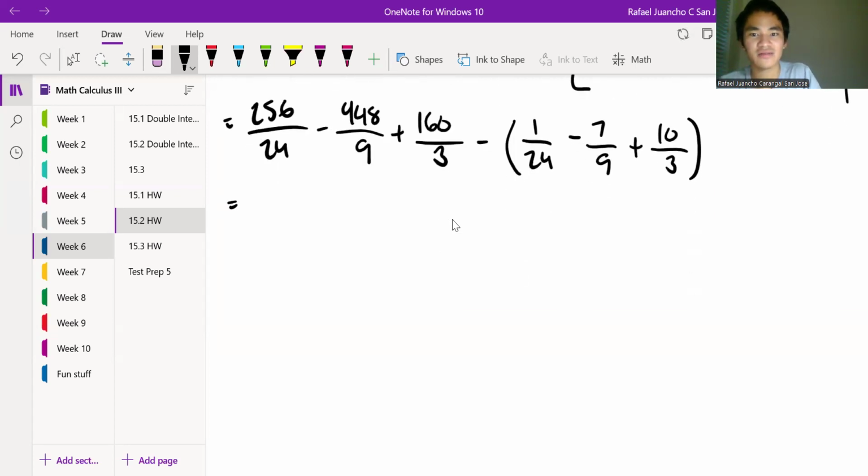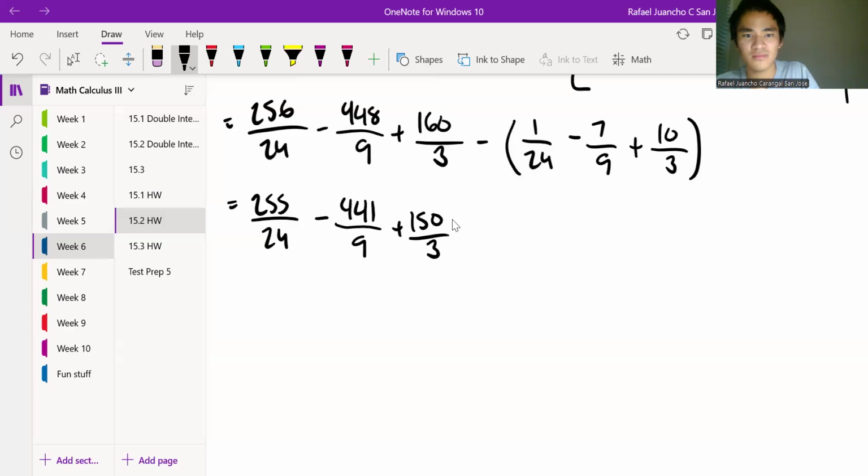So here I get minus 1 over 24, that's 255 over 24. And then this one I get plus 7. 7 minus 448 is minus 441 over 9. This one I get minus 10, with 150 over 3, I think, is 50.